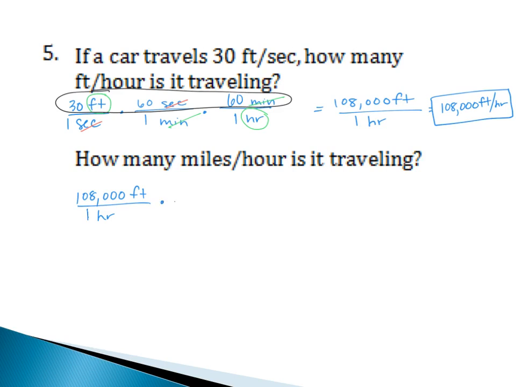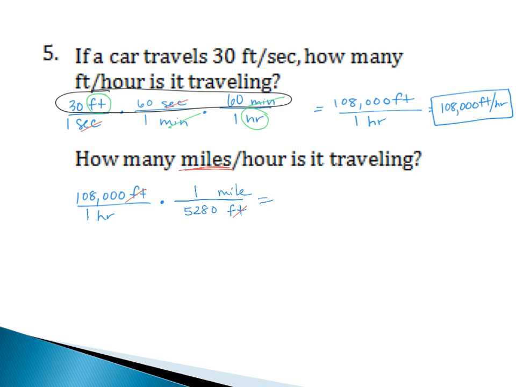So when we multiply here, we're going to want feet on the bottom so that they cancel out, right? Because right now feet is on the numerator. So what you have to know is how many feet per mile there are. If you have to Google this, you can Google this, but it should be 5,280 feet for 1 mile.